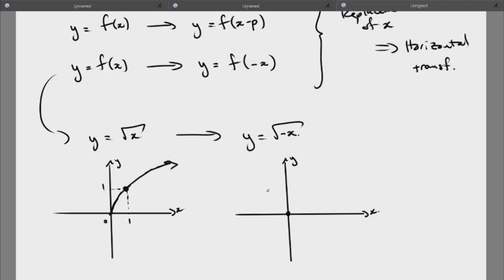So that point now sits on the other side, and so will every other point. This side's a little bit tricky for me to draw without looking. That's not bad. So when x is -1, I'll get a y value of 1, because the minus is handled first before I apply the square root in the calculation. Does that make sense?